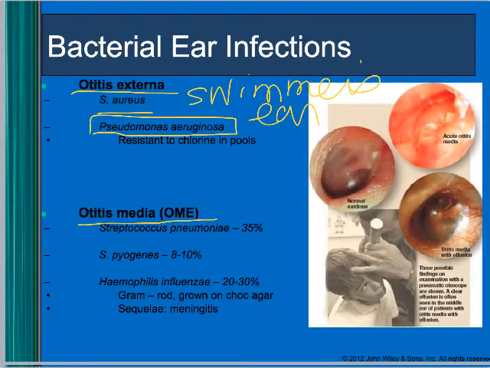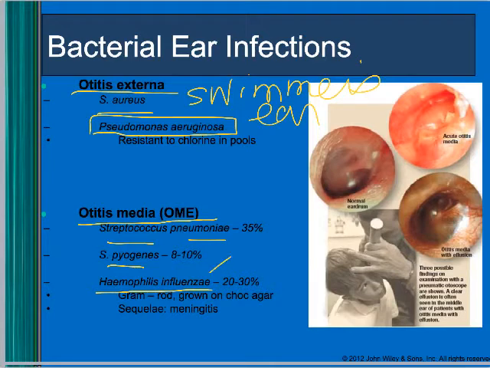Otitis media is the middle ear infection, and different organisms could cause it. It could be Strep pneumoniae, Strep pyogenes, or Haemophilus influenzae. Haemophilus influenzae is an organism that's part of our microbiome, but it can be an opportunistic pathogen.